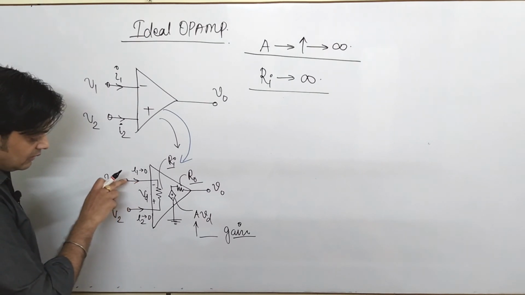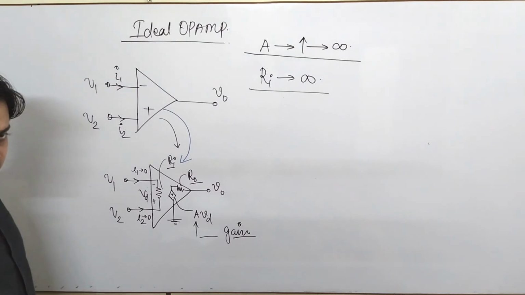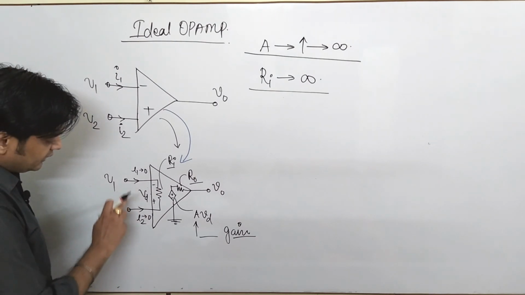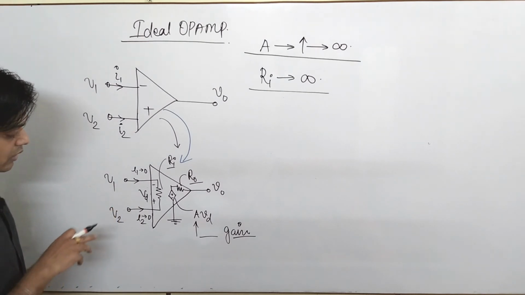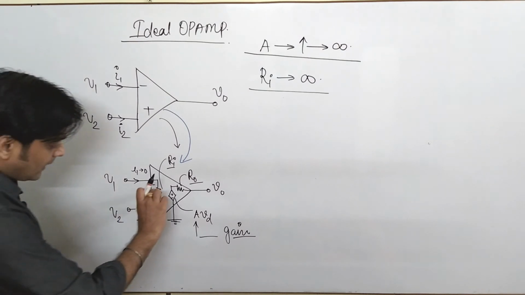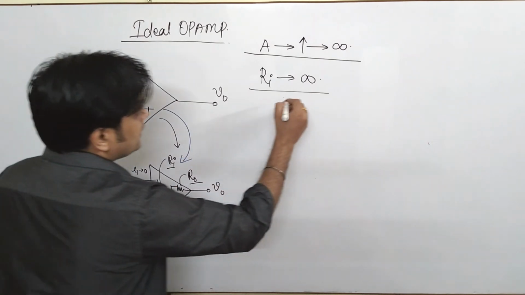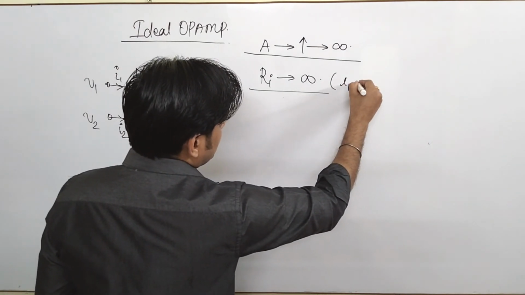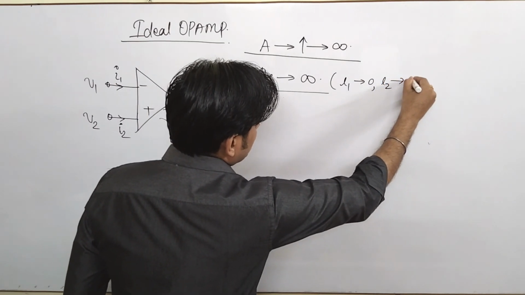If you say this is the direction, then it will be in the opposite direction, but that is a different matter. For the time being I am taking this as I1 and this as I2, and if there is a very high resistance at this position, so if Ri is infinite, you can say that I1 goes 0, I2 goes 0.